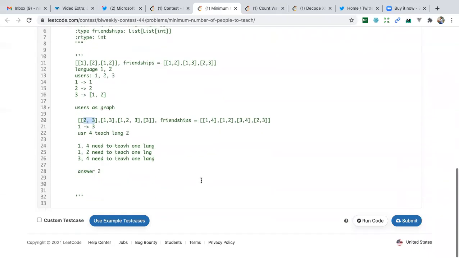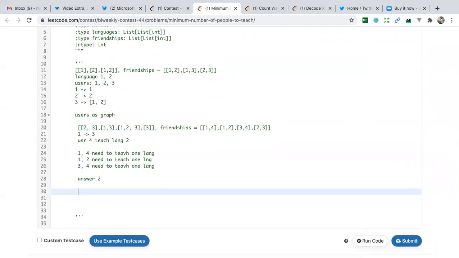So let's take the second example again. And 1 and 4 are friends, and 1 speaks 2, and 4 speaks 3. So we need to teach 3. Or which? 2. Okay, there is one answer.